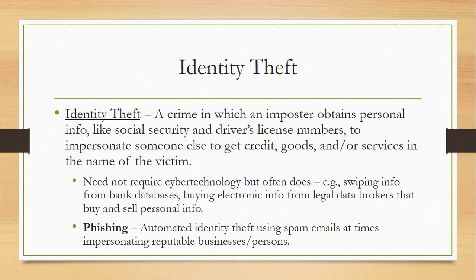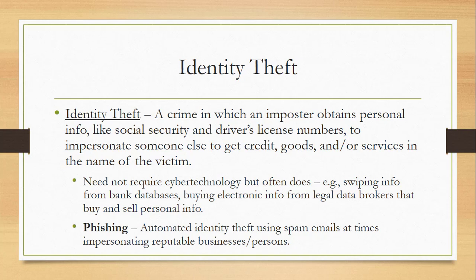These data brokers buy and sell other people's personal information. Many times these data brokers try to screen to make sure they're not giving away this sensitive information to a cyber criminal or someone who might commit identity theft, but this is not necessarily foolproof. And so in some cases, those who are interested in committing identity theft will simply buy other people's personal information from a data broker.